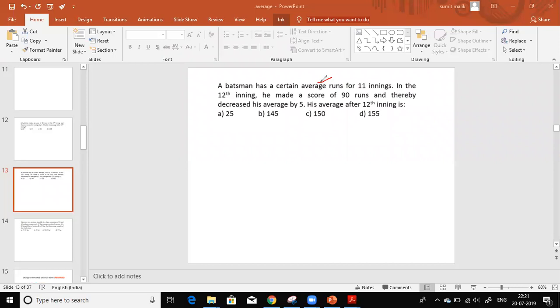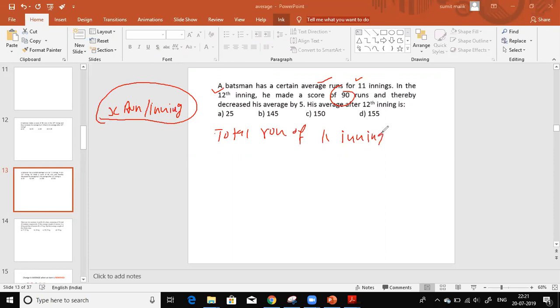A batsman has a certain average in his 11 innings. So I am assuming X. In his 12th inning, he is scoring 91. If his average is X runs per inning, then the total runs of the 11 innings equal 11x.